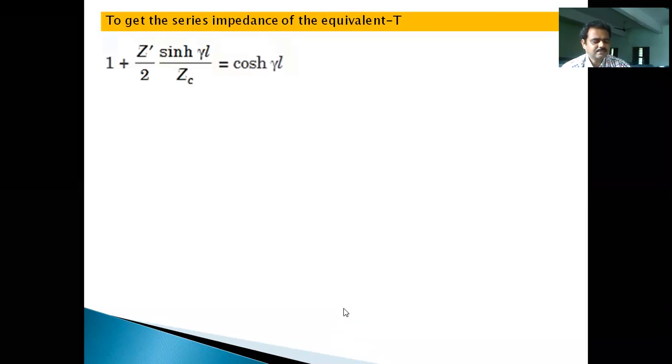Next, to get the series impedance of the equivalent T. Taking the first equation and substituting the third equation in the first equation, you will get 1 plus Z dash by 2 into sinh gamma L by Zc, which is equal to cosh gamma L. So again the same thing, cosh gamma L minus 1.